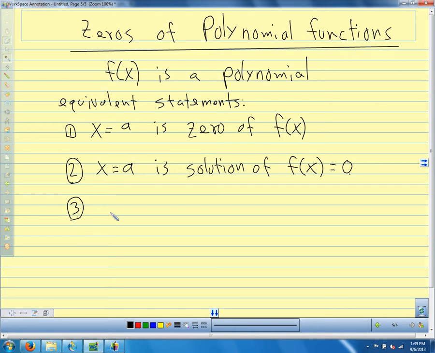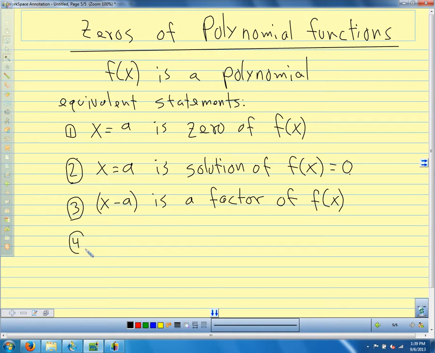That is also the same thing as saying that x minus a is a factor of this function. So we can factor this term out. We can use that to factor our function.